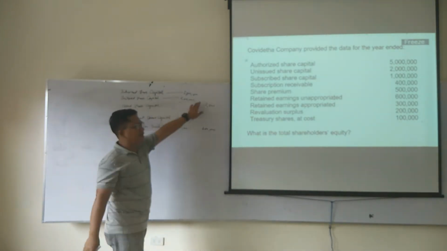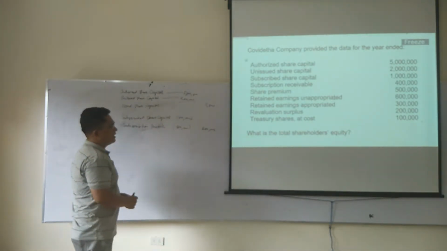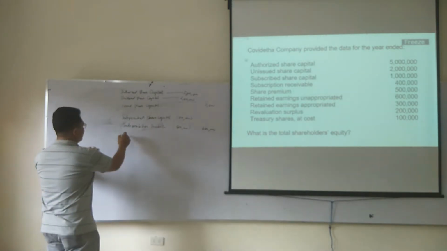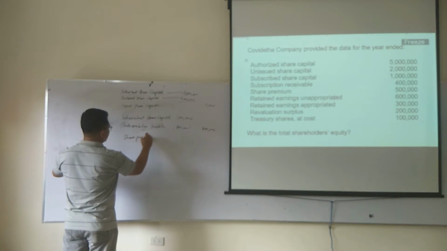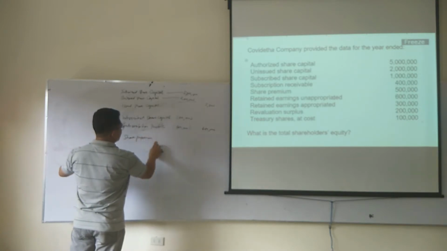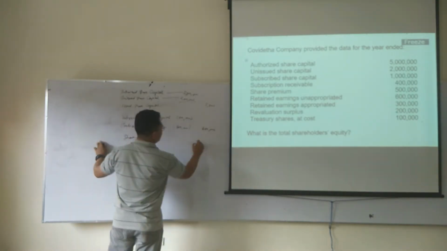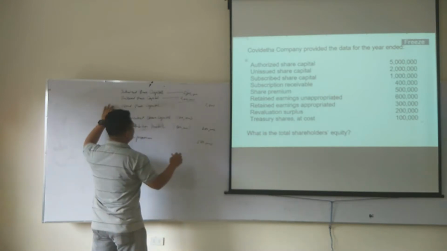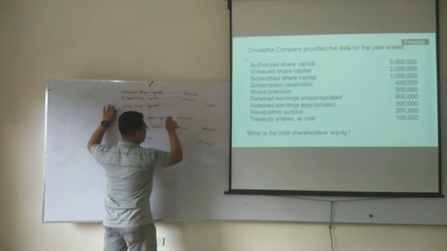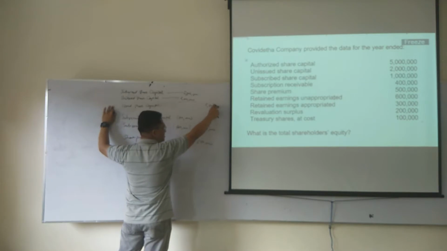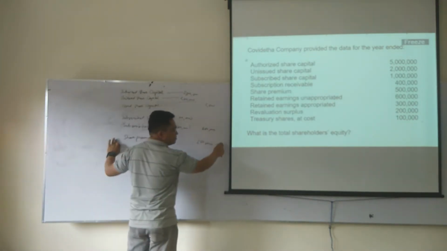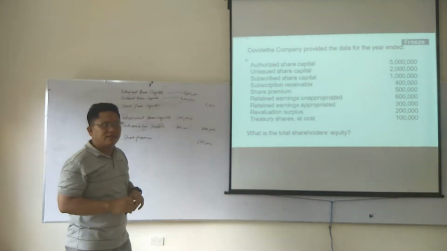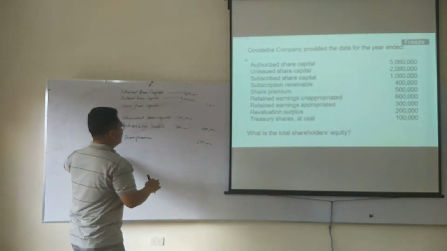So you have issued and outstanding. Then we have share premium of 500,000. So shares issued and outstanding plus share premium is called the paid-in capital.